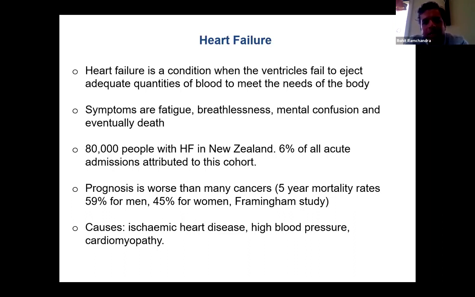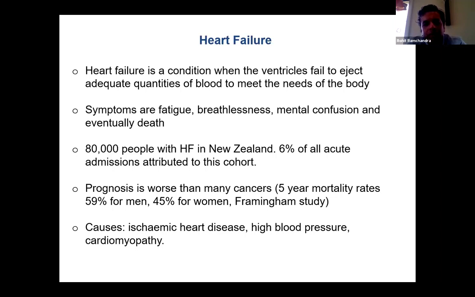Within New Zealand, there's about 80,000 people, and the numbers are similar per capita for most countries. It is the number one reason for admission to the hospital of people who are over 65, and 6% of all acute admissions are attributed to this cohort. The prognosis, I'm not sure you can say it's worse than many cancers, but I think it's getting close to that of many cancers.